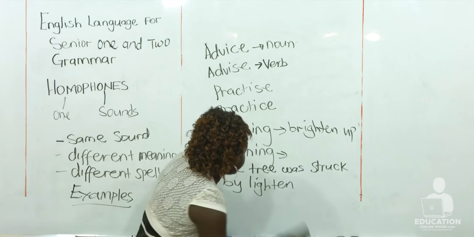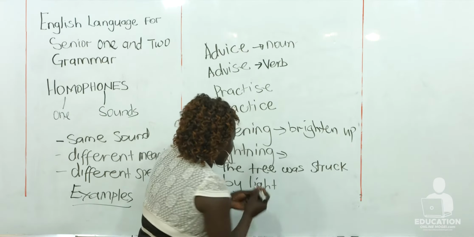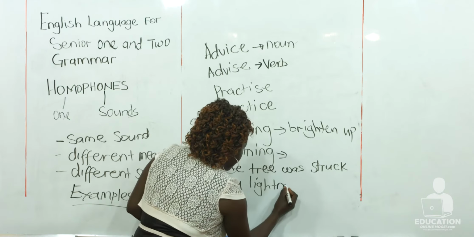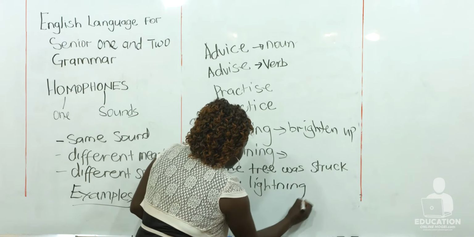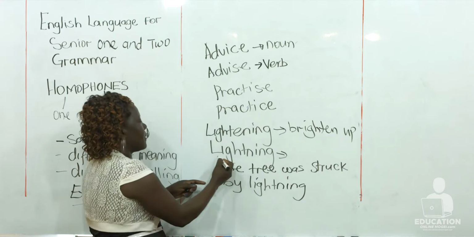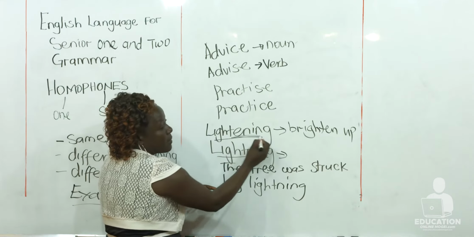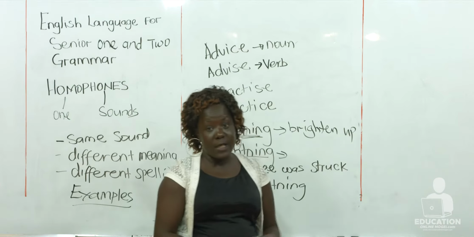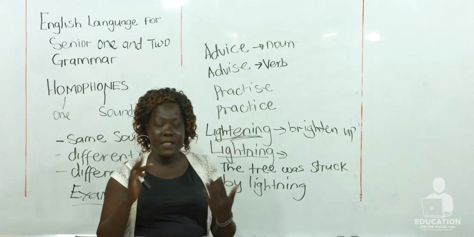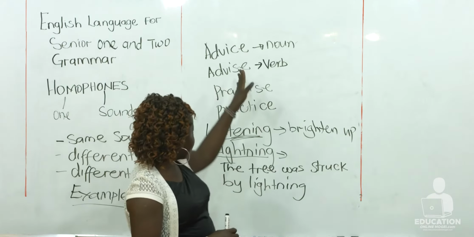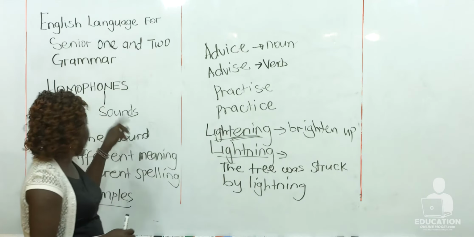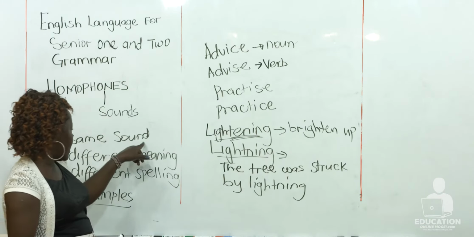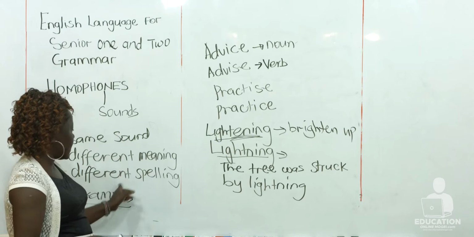It is this one here, but not this one. Be very careful when you're using these two words. Today, my dear Senior 1 and Senior 2, let us leave this type of homophones where the sounds are the same, different meaning and different spelling.